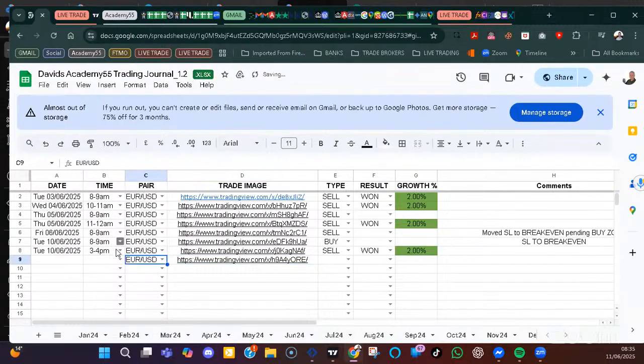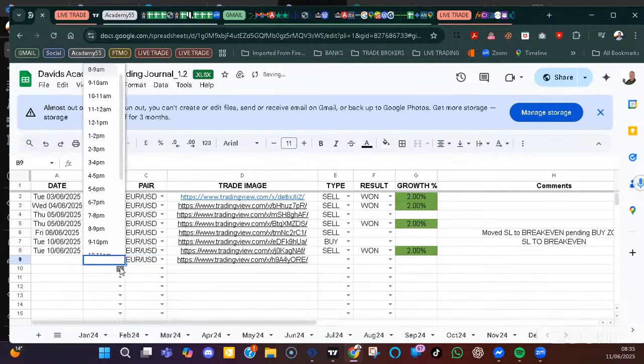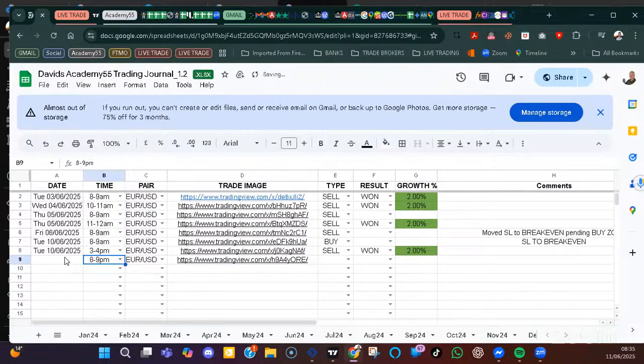EUR USD. The time was 8 to 9 here in the UK. It was on Wednesday, so I'll drag that down. Wednesday. It was a buy, and unfortunately it lost.